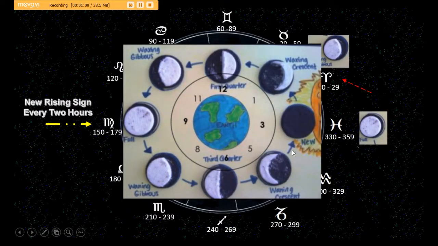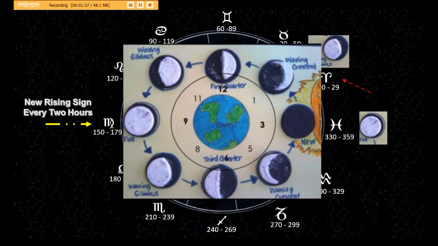You'll have the new moon, and then it goes into the waxing crescent as it goes into its first quarter moon, and then waxing gibbous, and then the full moon, and then waning gibbous, its third quarter, and then a waning crescent before it returns back to the new moon.